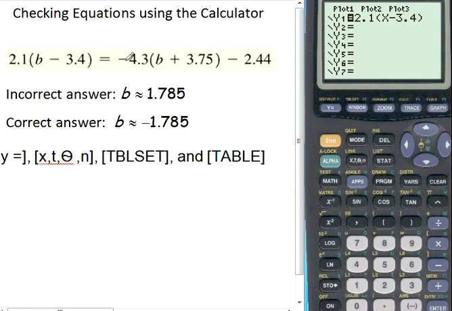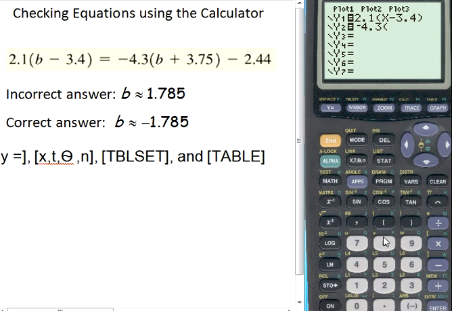Now when we're doing the right side here, the first number is negative 4.3, and we do use the negative key, which is down by the enter for the negative there, 4.3, and notice it looks a little different than the minus. It's higher and it's shorter looking.